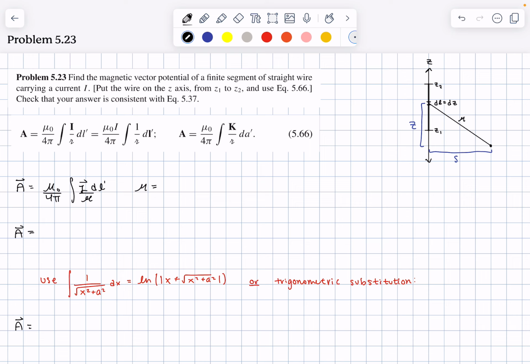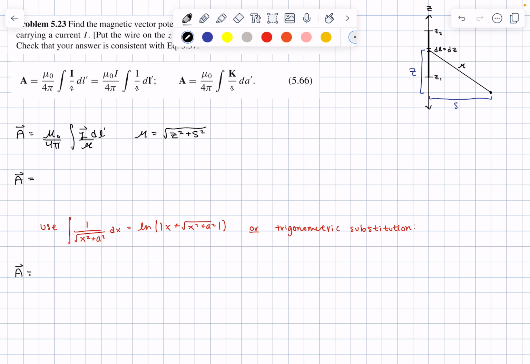And so the first thing we can do is rewrite our script r vector. The magnitude of it can be written as the square root of z squared plus s squared, where s is the radial distance from the z-axis to the point we're trying to find it at.